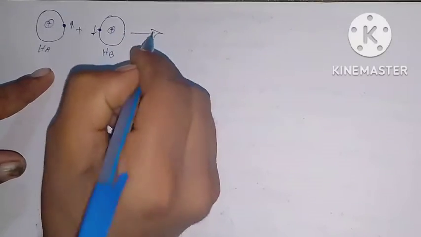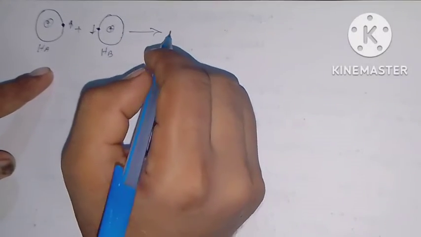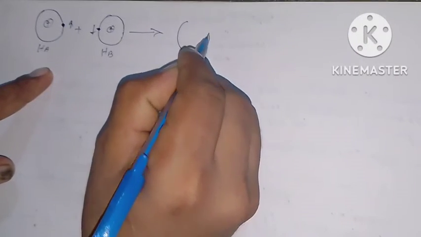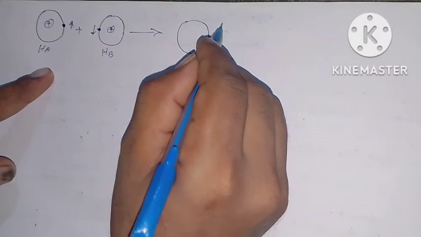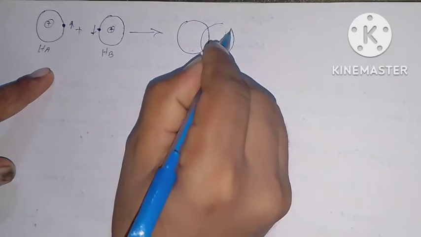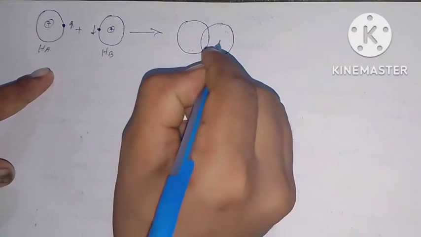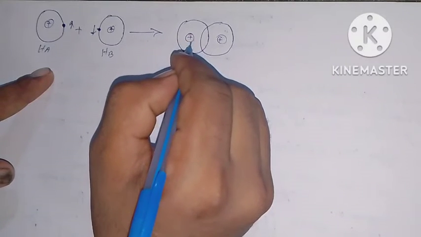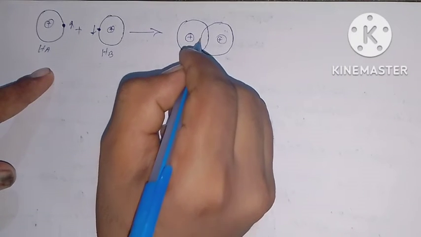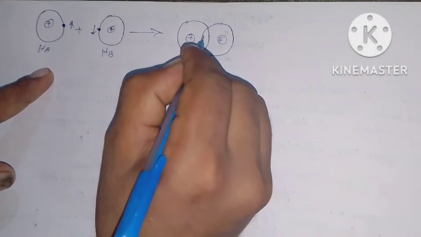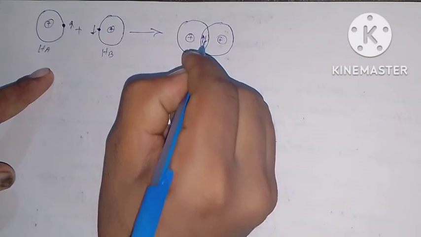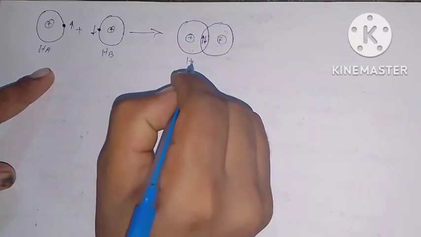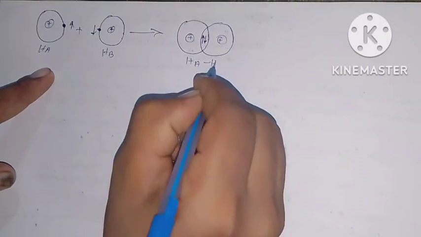So the result is the H2 molecule Hab, like this. This is the nucleus of each atom, and each atom is overlapping with the other, so the H-A bond is formed.